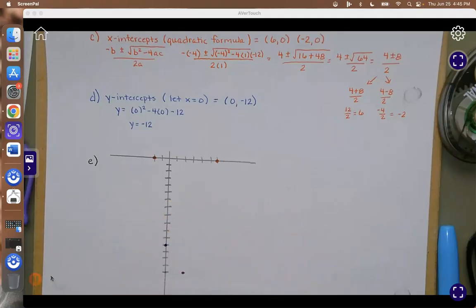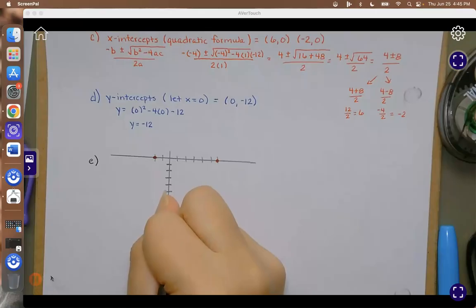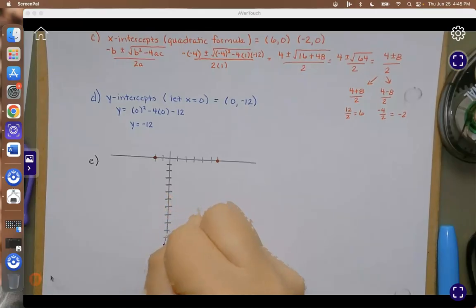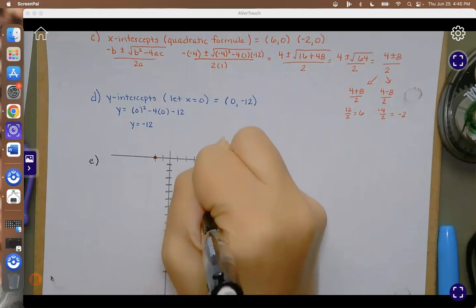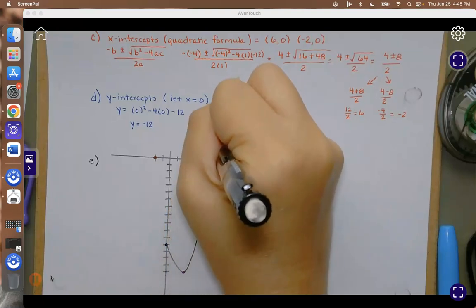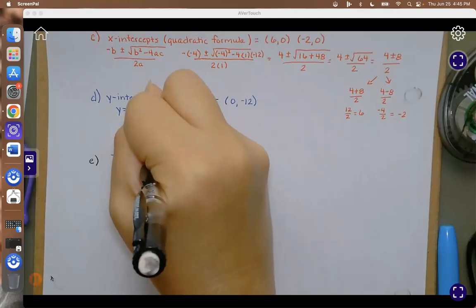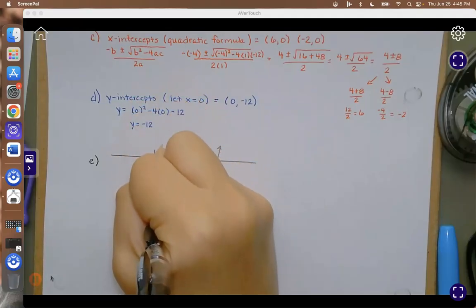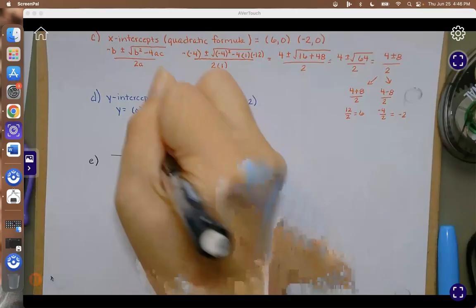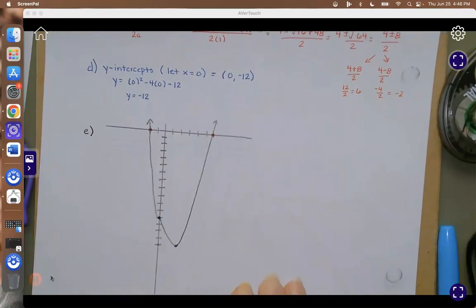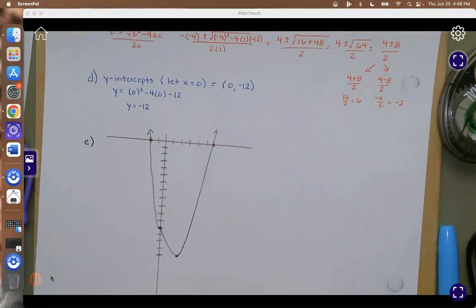So now we need, remember this is where it's going to change directions. Not the greatest drawer, but that would be something similar to what I would need. Okay? And that would be a sketch.